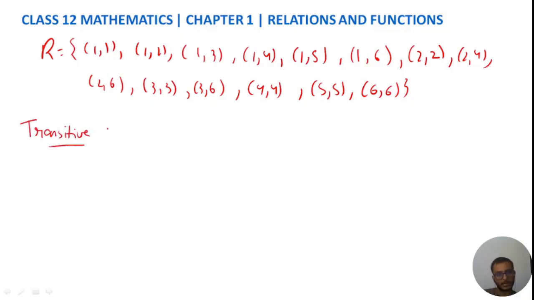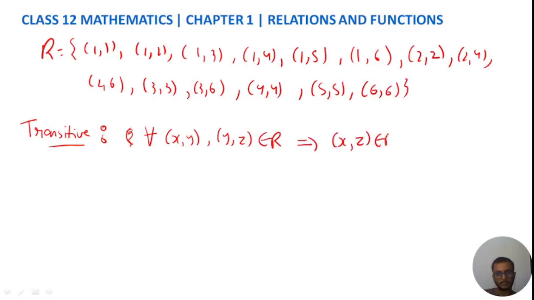When we say that R is transitive, if for every (x, y) and (y, z) in R, we should have (x, z) in R, then we say that our R is transitive. So let's see whether we have such a property here or not.